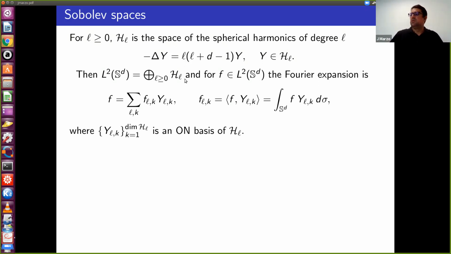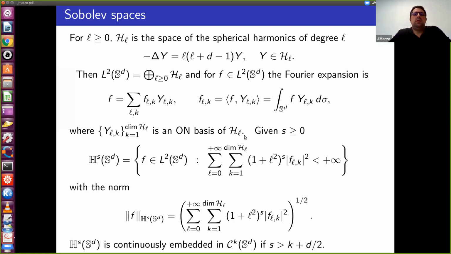Okay, so this Fourier series of f is just the scalar product against this basis. This is just an orthonormal basis in H_L.